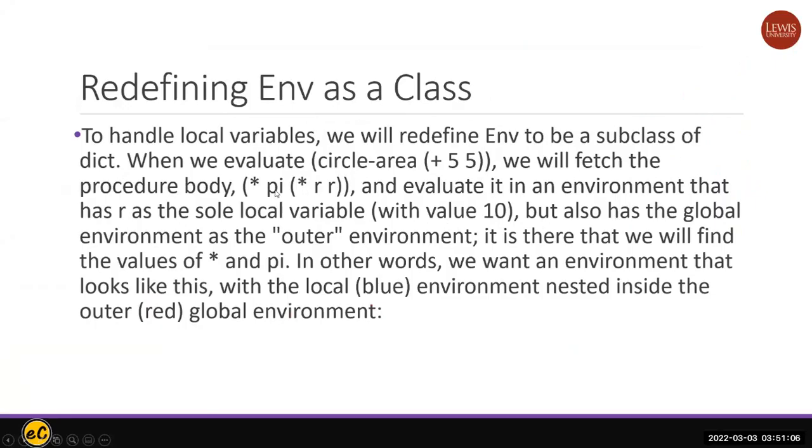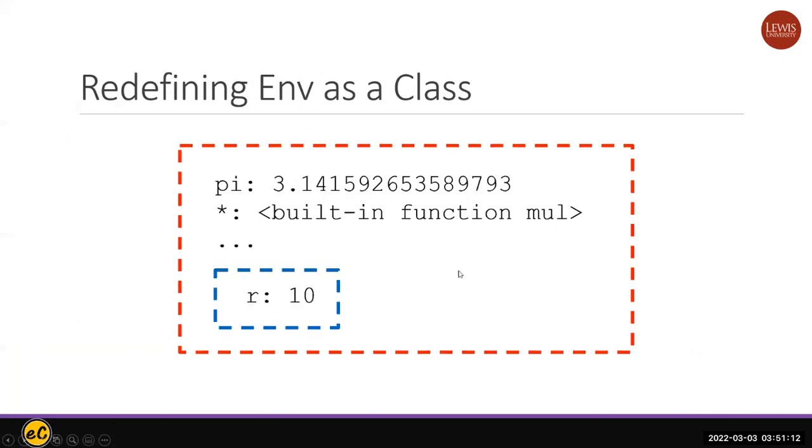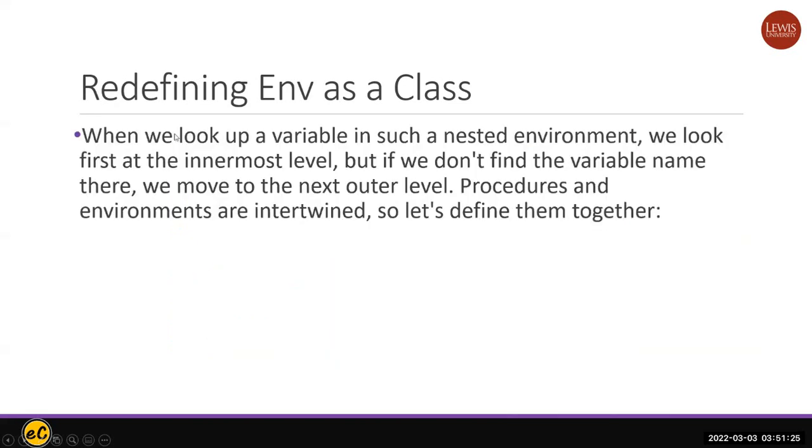So these different parameters will be bound into the local binding. The blue one is the local binding, the radius is a local binding, and pi and the star are global definitions. So when you run, you are using these 2 reference environments to run it.